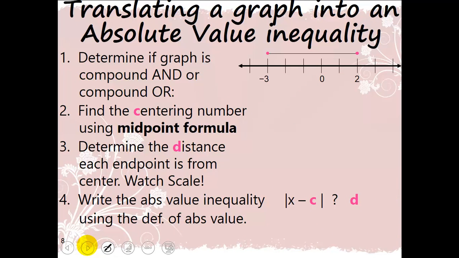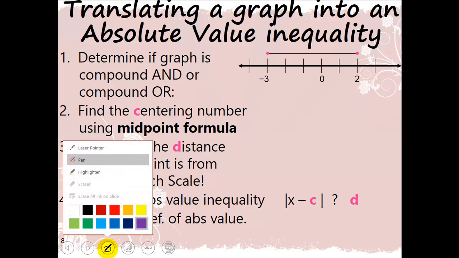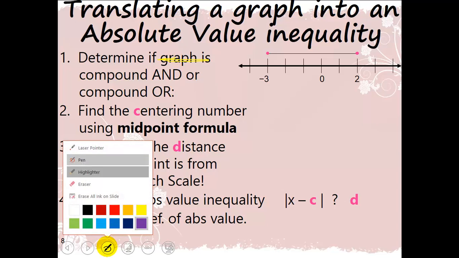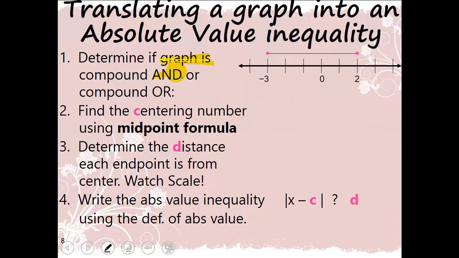All right, now we're going to translate a graph into an absolute value inequality. You need to know 3 things. You need to know if the graph is an and or an or. Is the graph an and or an or? So you know how to tell that. We learned that. If it's between the 2 endpoints, then it's an and.